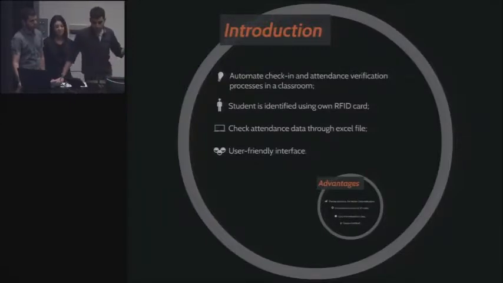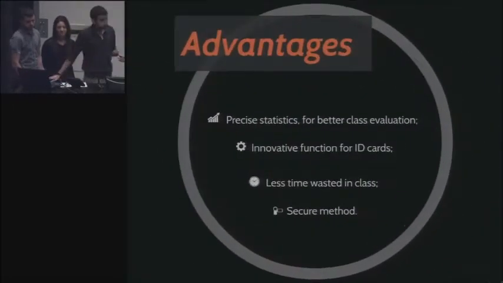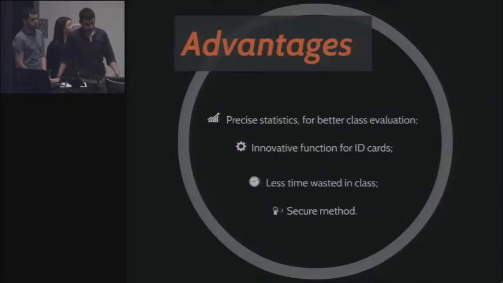So the teacher doesn't have to know the processes that go behind the scenes. He just has to deal with the Excel file. So that's why the interface is user-friendly. And this brings some advantages. For instance, it brings precise statistics about attendance on class, which makes it possible to do a more precise evaluation of the students.